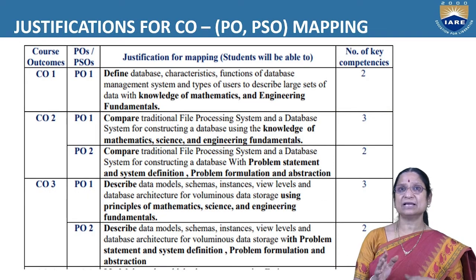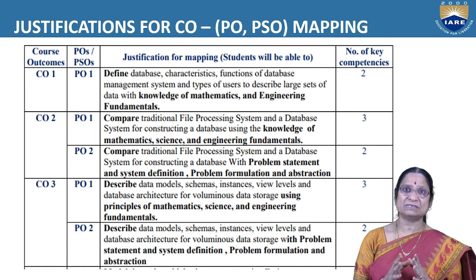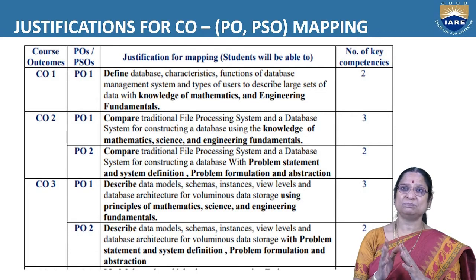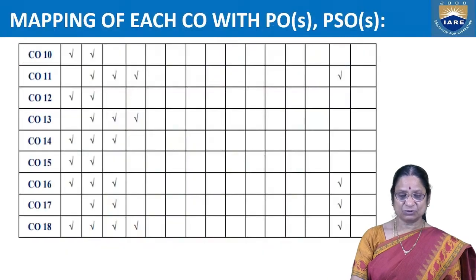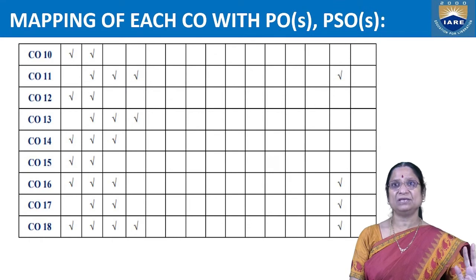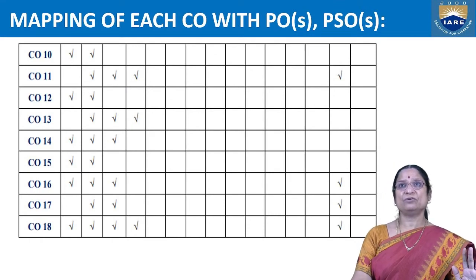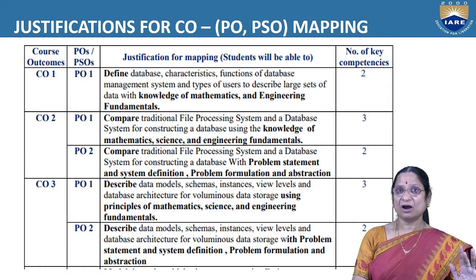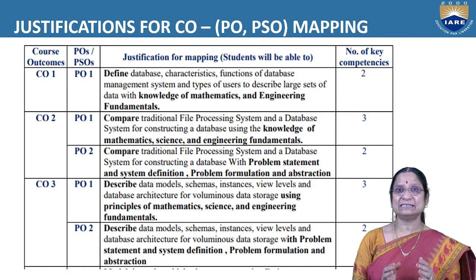So each CO must be properly analyzed, and which PO is mapping that. First, we will do this mapping of each CO with POs as well as PSOs. After mapping, what we are supposed to do is that the strength of the mapping has to be analyzed by us.